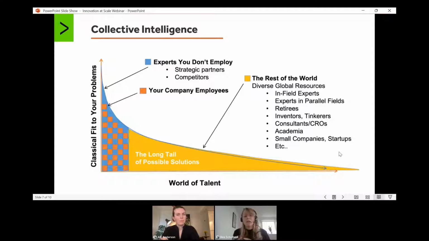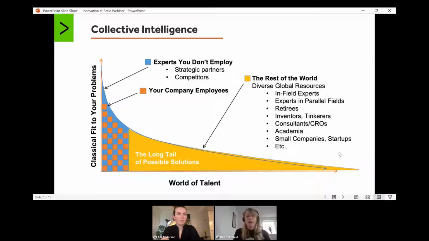But what we're seeing more and more of is the ability to work with different communities, be those experts who they don't employ, such as strategic partners, competitors, to help solve those problems, the company employees themselves, both in terms of helping to solve those problems through more incremental change as well as new products, and really thinking about a more diverse crowd, the rest of the world and global resources, to help address some of those problems we alluded to earlier.